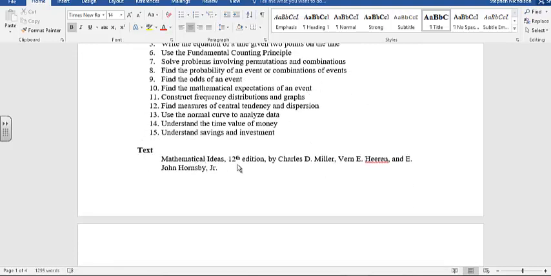The text I've sent you an email about. You can buy this book online through Amazon. If you cannot afford it, the book is only going to be $10–15 because it's a used edition. If you can't afford it, I do have a limited number of texts that I can lend you for the semester, and then you can return to me at the end.